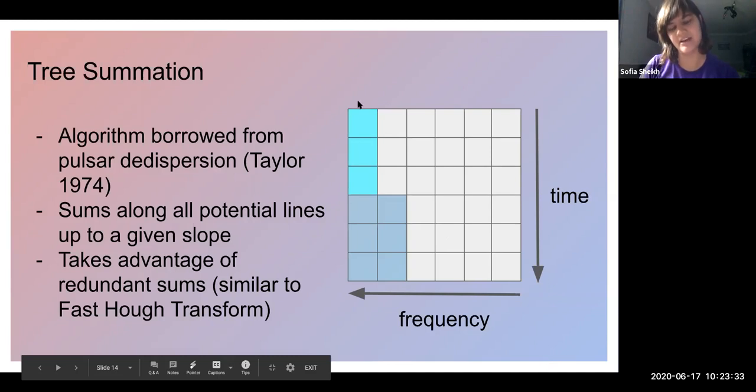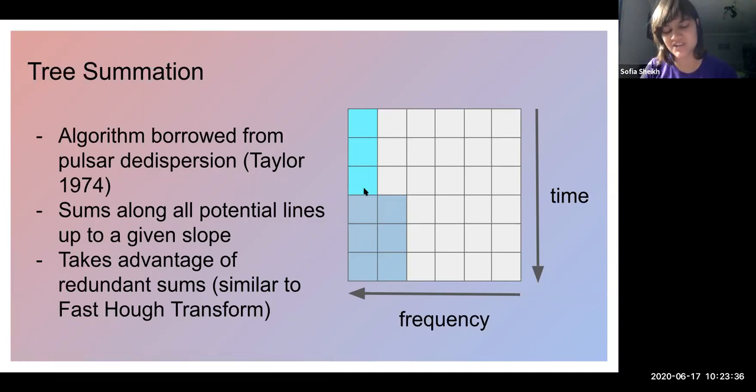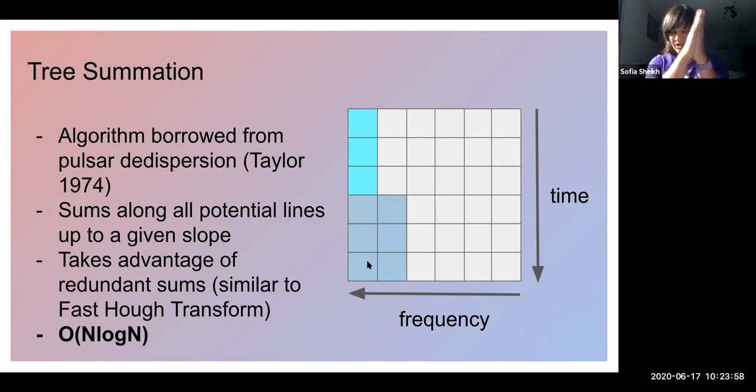So the way that this works in the tree summation algorithm is, say you're looking for a vertical line in this first column. This is my cartoon waterfall plot here. For a vertical line, you have to sum the first 3 pixels in this column with the next 3 pixels in this column. But if you wanted to search for the next smallest slope, you would want to search the top 3 and then the bottom 3 in the next column.